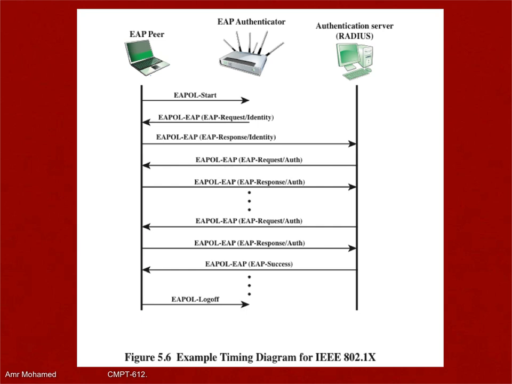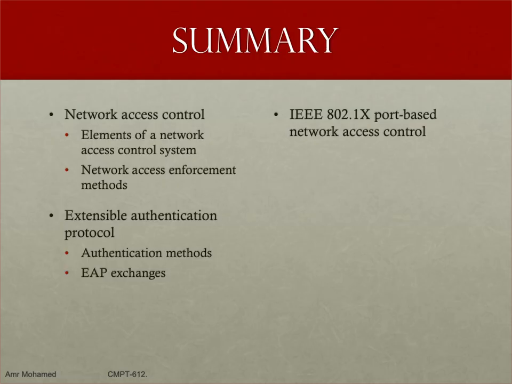Any question regarding this? So this is the end of this chapter. This talks about the generic network access control security, which works either wired, wireless, anything. Okay? So in the next chapter, we will talk about wireless access security.